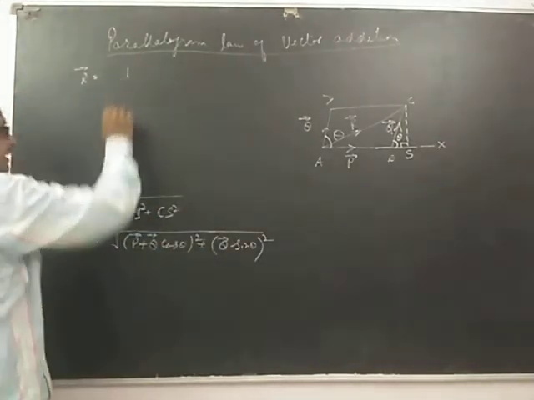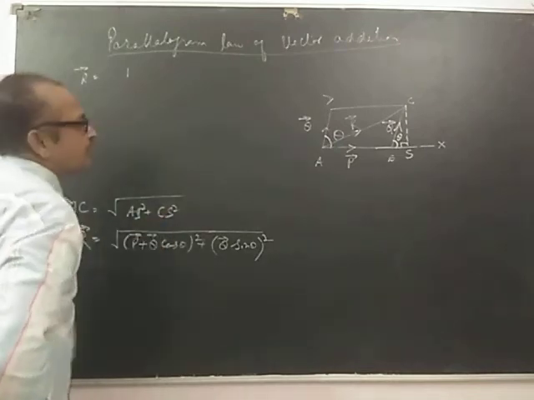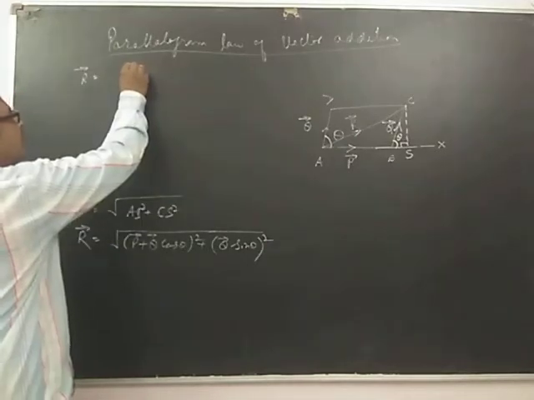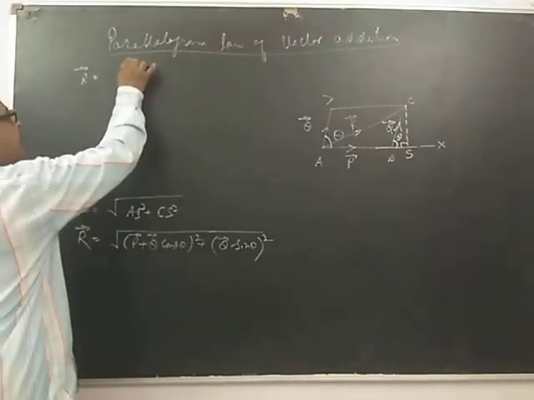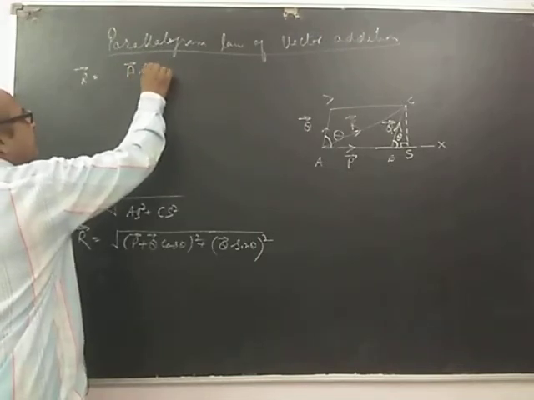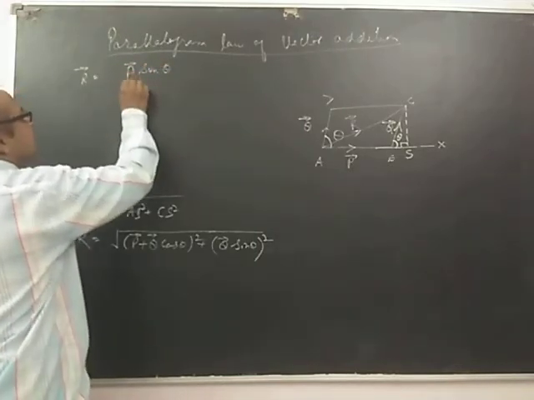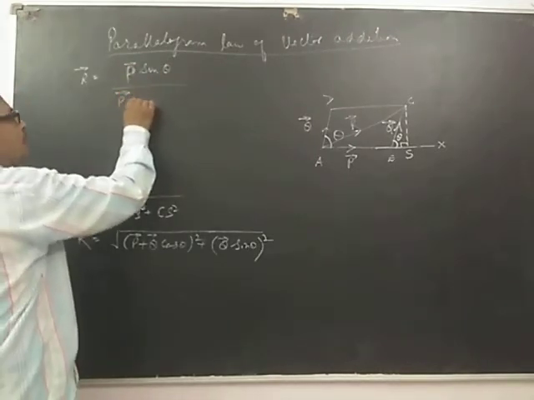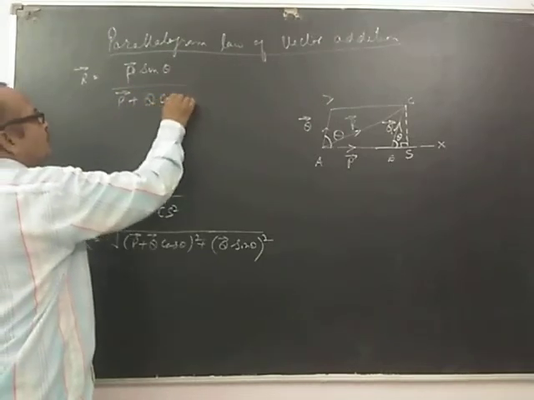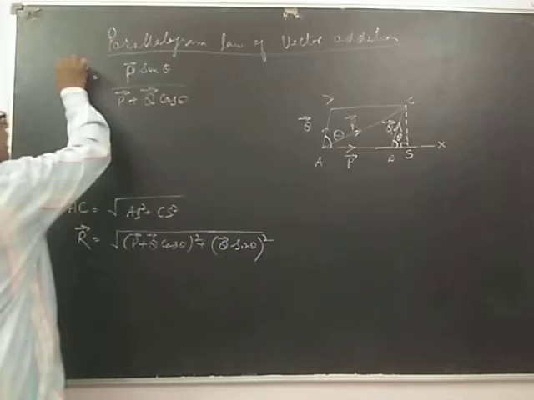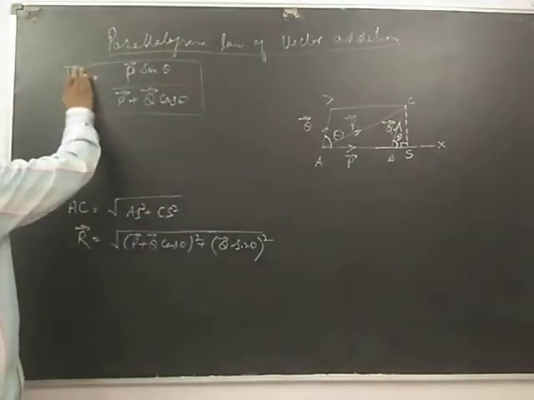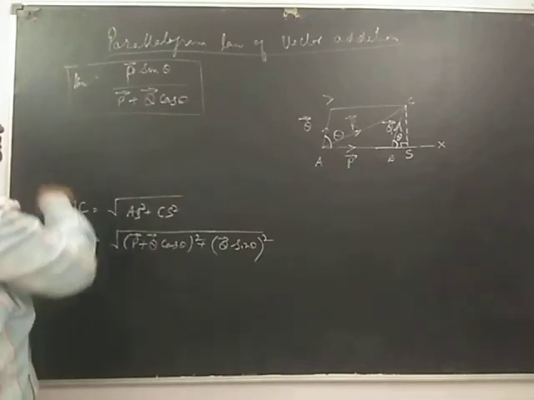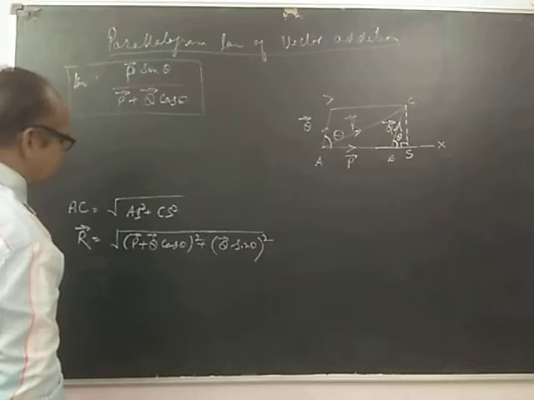So what you will get is R will be equal to, and this is the value of the resultant. Now this is the value of tangent alpha, that is Q sine of theta over P plus Q cos of theta.